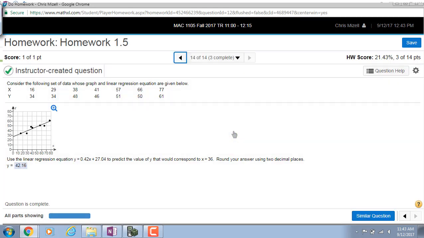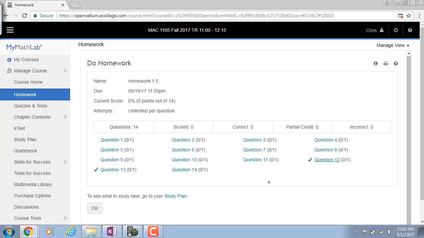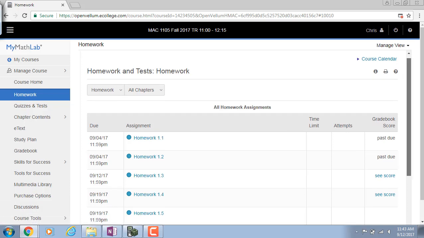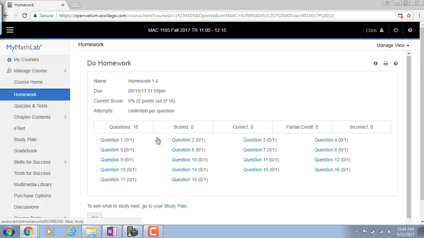Let's look then at section 1.6. And for section 1.6, make sure I don't miss anything, because I want to be able to get through as much of this as I can in the next half hour.